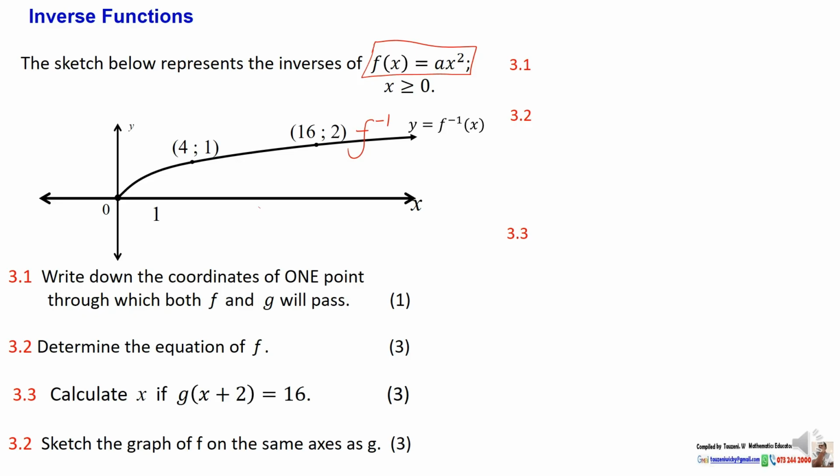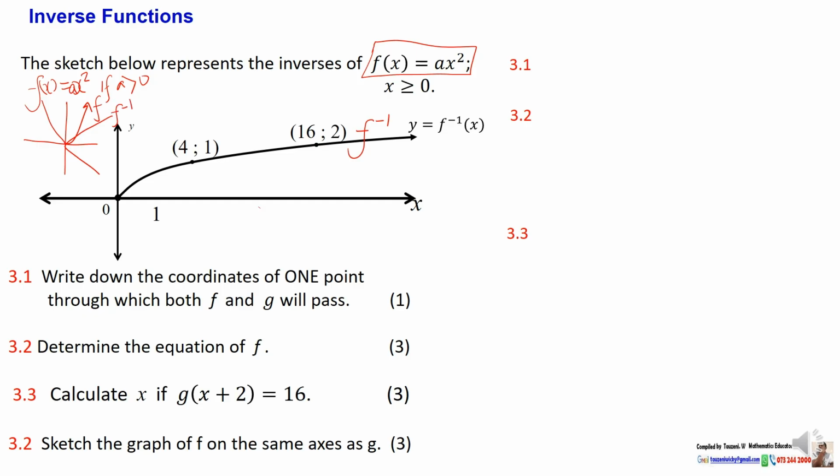Look at what they are asking now. Give the coordinates of one point where both graphs are passing. In the previous sections, we have explained that in f of x is equal to ax squared, if a is a positive number, then we expect that your graph goes up to the positive and the inverse goes to the positive as well.